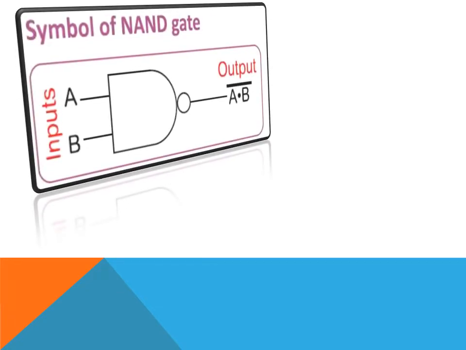So this is the symbol of a NAND gate. Remember the symbol for NOT gate? There was a triangle and a dot followed by it. So the symbol of NAND gate is the AND gate followed by a dot. If the inputs are A and B, the output will be A dot B whole bar.